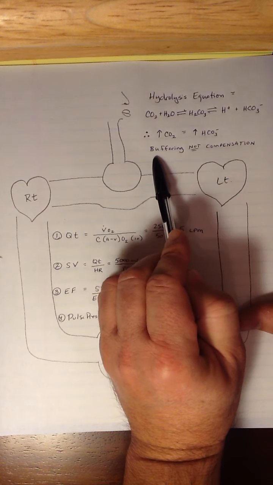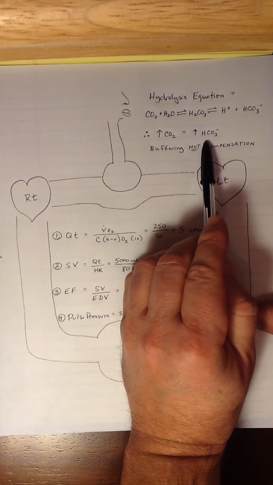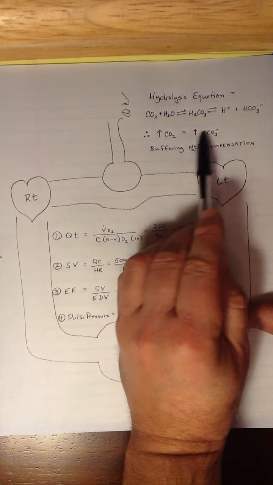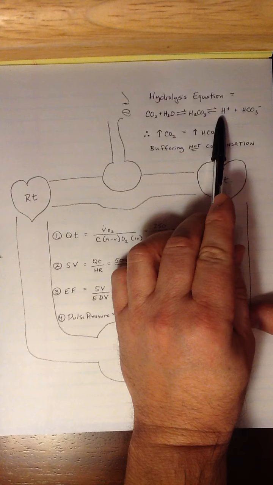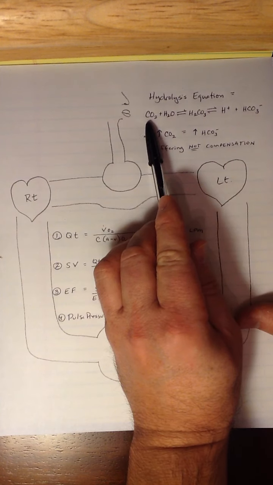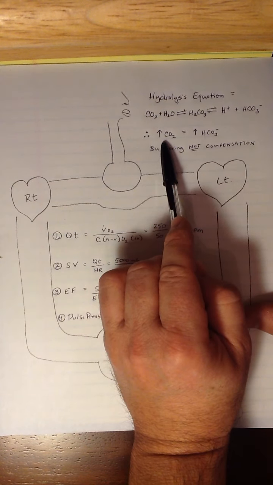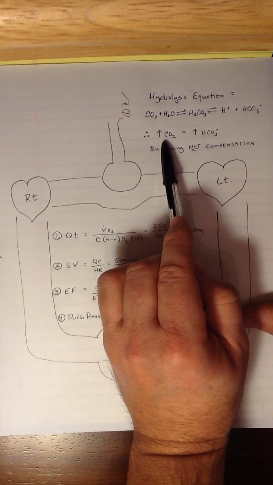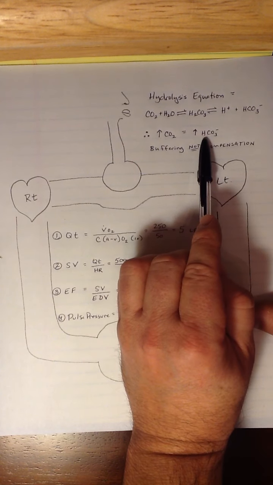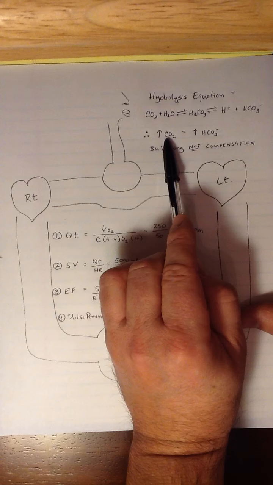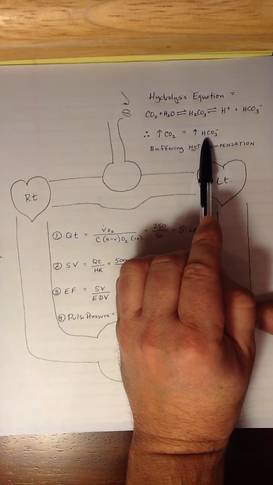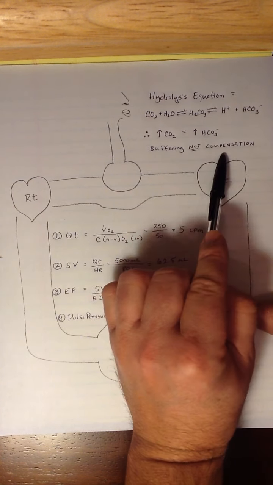And this is a buffering mechanism. We know that bicarb buffers the acidity that's coming from the carbon dioxide. So it's nice to know that as we produce more carbon dioxide in the blood and our pH goes down, we're buffering that decreased pH with the bicarb being produced through this hydrolysis equation.